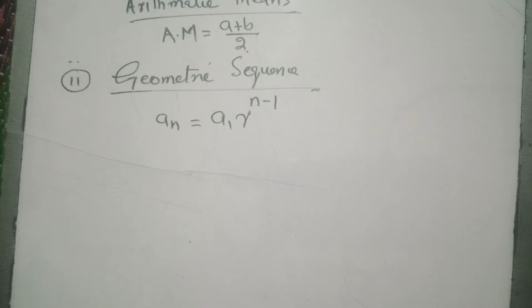So the geometric sequence is a1 r power n minus 1.